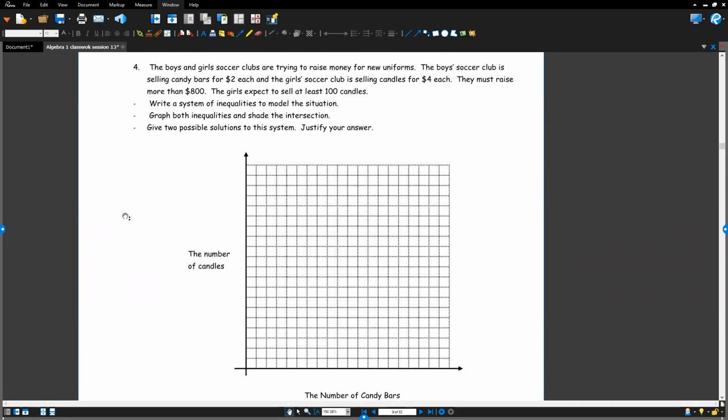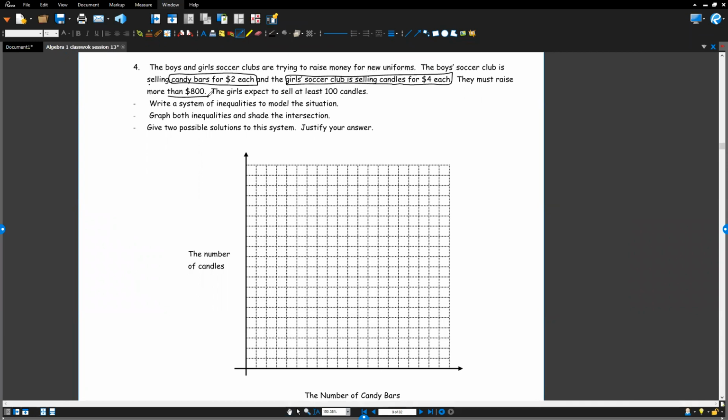Boys and girls soccer clubs are trying to raise money for new uniforms. The boys soccer club is selling candy bars, $2 each. The girls soccer club is selling candles, $4 each. They must raise more than $800.